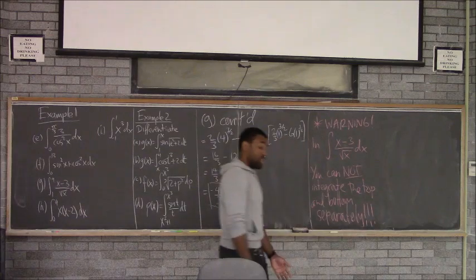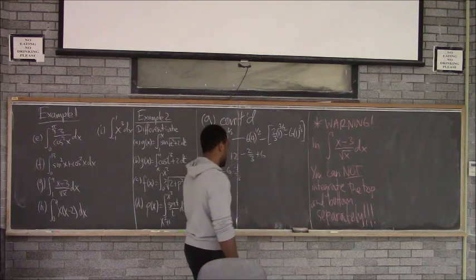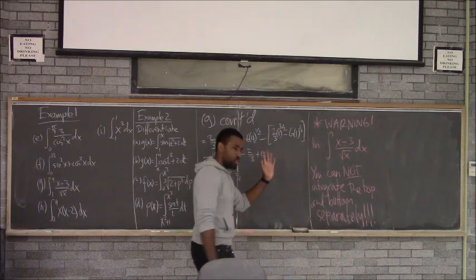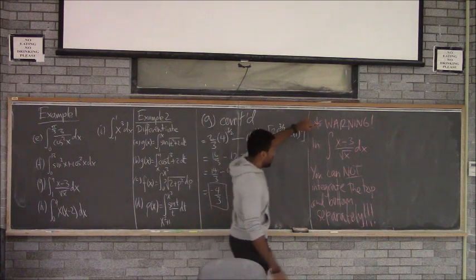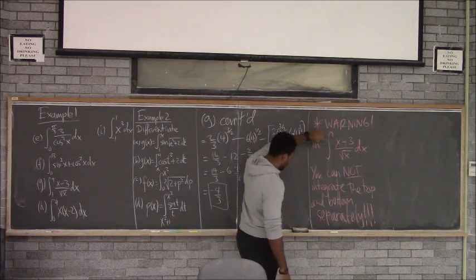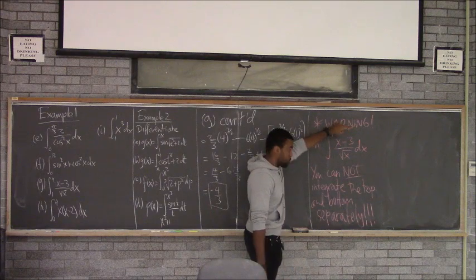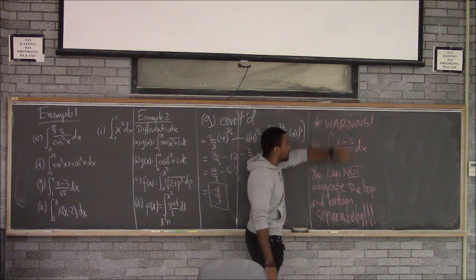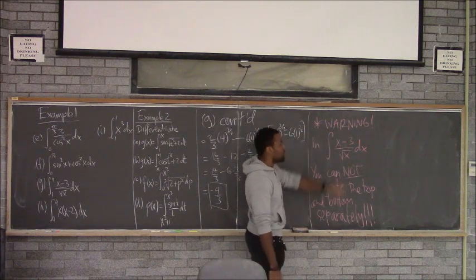So what I don't want you to do, highly illegal, you do it, I just give you 0 and I move on with my life. You cannot just go into the top and apply the rules. Oh, let's do a power rule here and a power rule there. And then let's go to the denominator and do a power rule there. And then that's the answer.